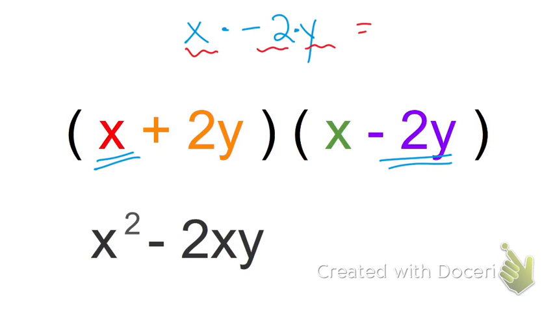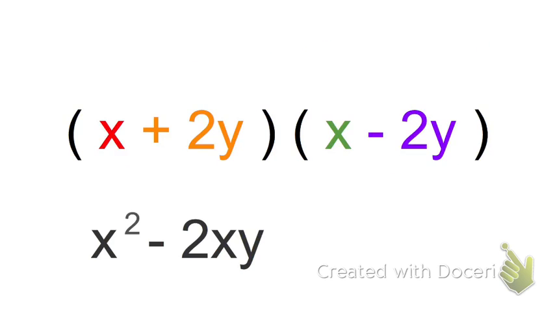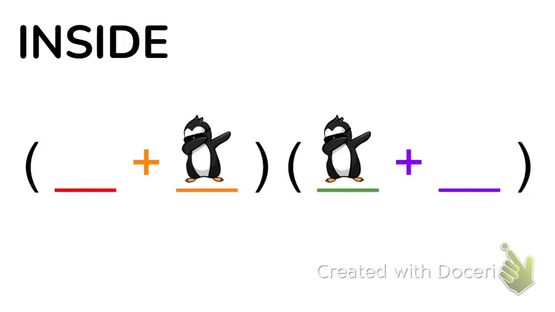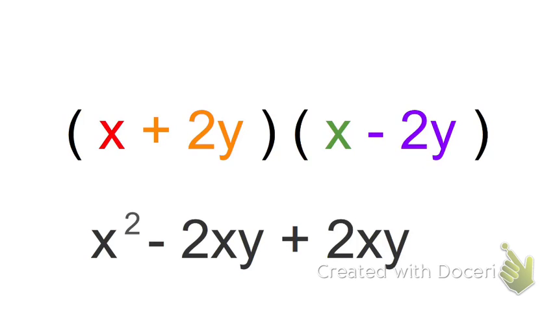You always put the number first, and then when you do the variables, you put them in alphabetical order. So this would be negative 2, then an x and then the y. Then we do the inside ones, and this one's real similar, except we're doing positive 2 times y times x is positive 2xy.